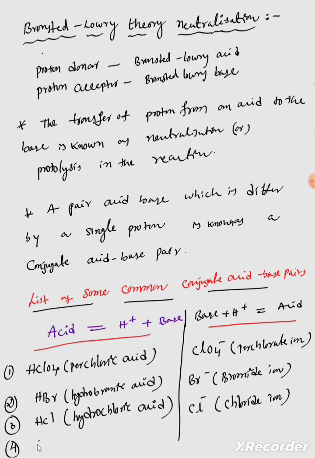Similarly, we will take H2SO4, sulfuric acid. When it loses one proton it becomes HSO4 minus, the hydrogen sulfate ion.